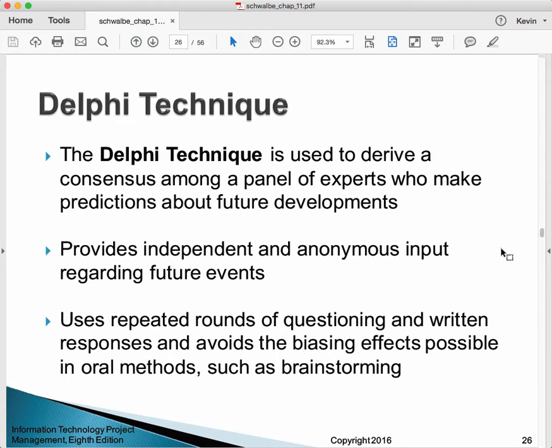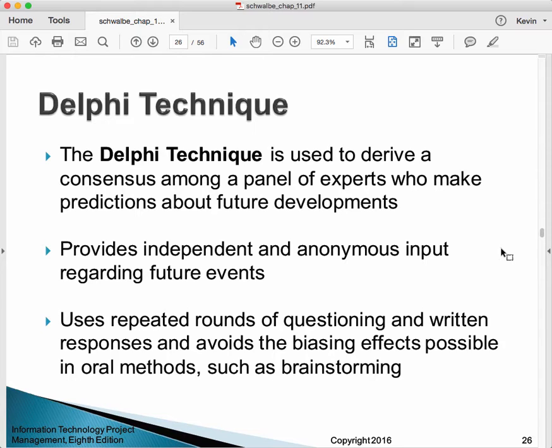Another technique that is kind of a competitor to brainstorming is the Delphi technique. The Delphi technique is used to derive a consensus among a panel of experts who make predictions about future developments. It provides independent and anonymous input regarding future events.